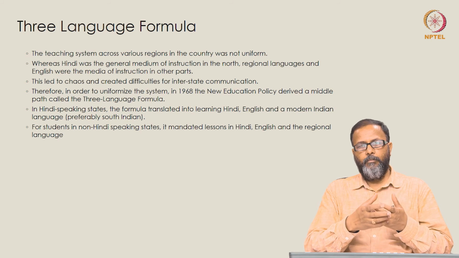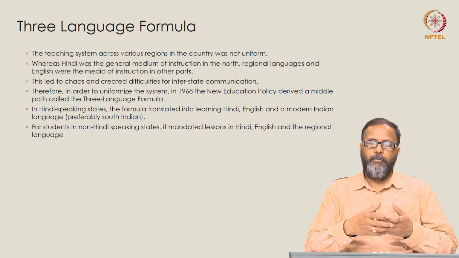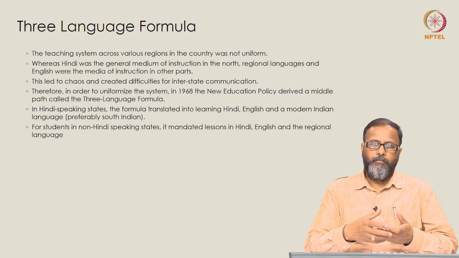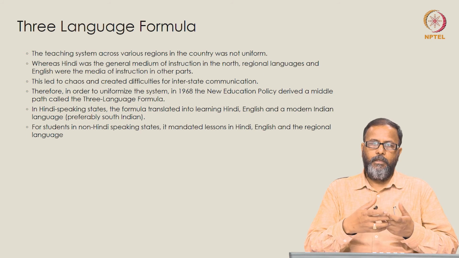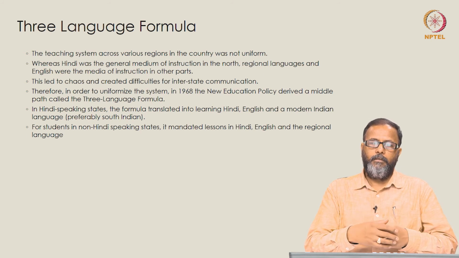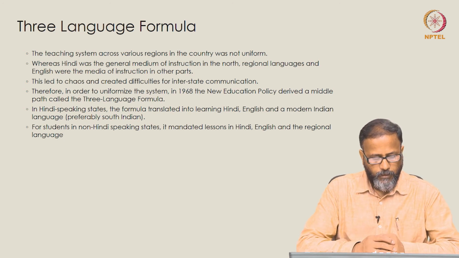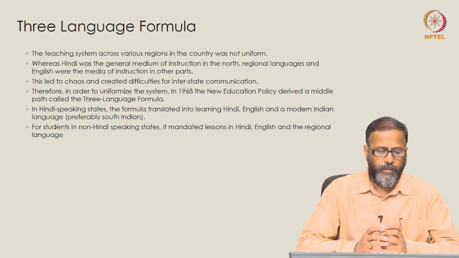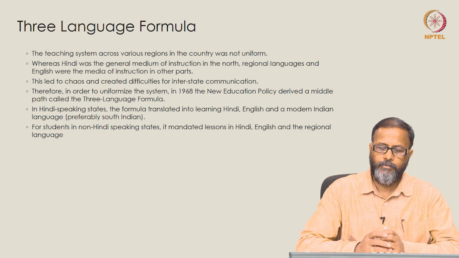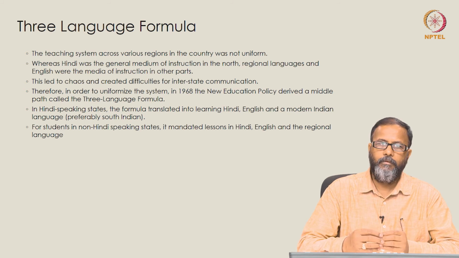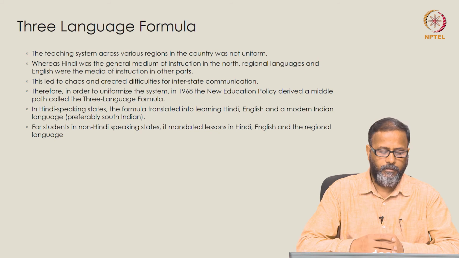And the three language formula was seen as a mediating mechanism to work out this linguistic tension in this multicultural and diverse multilingual India. So it says, whereas Hindi was the general medium of instruction in the north, regional languages and English were the media of instruction in other parts.